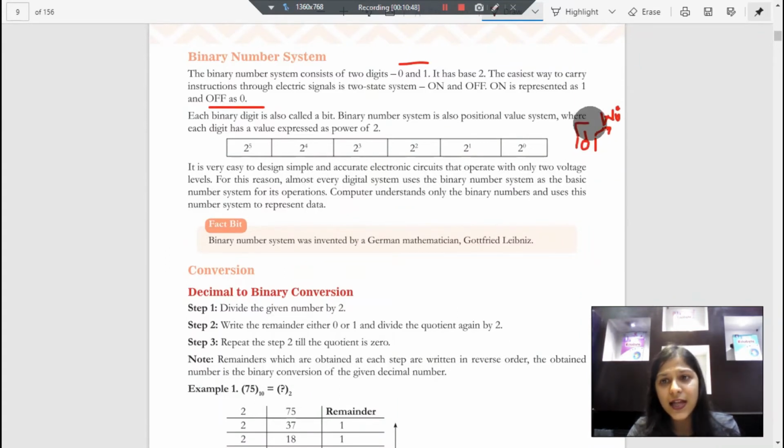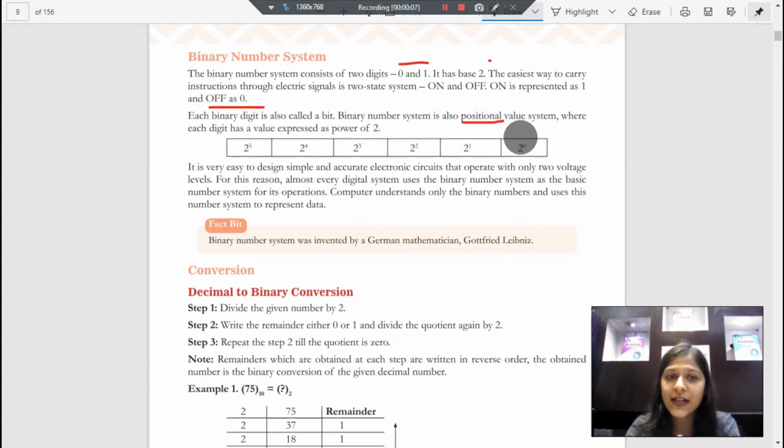Now this means that it is 1 into 10 to the power 2, so that means it is 100. And if we add them all, 100 plus 1 into 10 to the power 0, we get 101. Right.